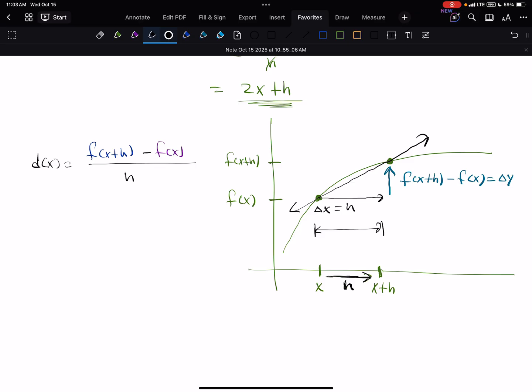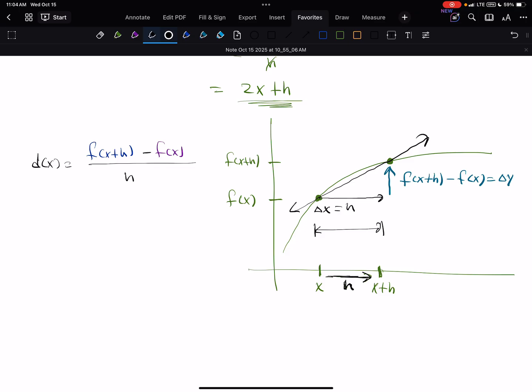But what if I shrunk that h down and made that h smaller and smaller? As those 2 points got closer and closer together, the slope of the line that connected them would become closer and closer to the slope of the tangent line that passes through that point as h gets really, really tiny.